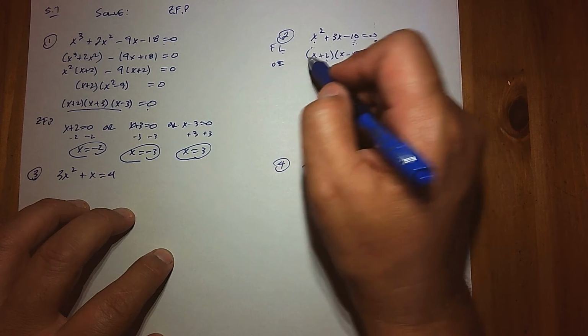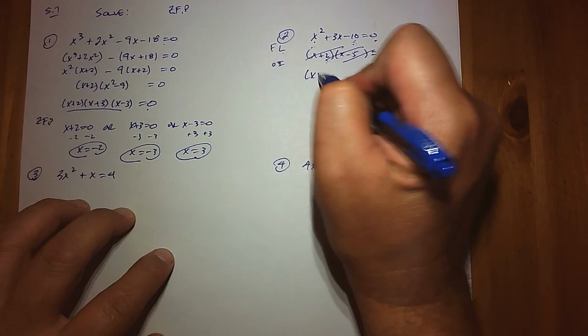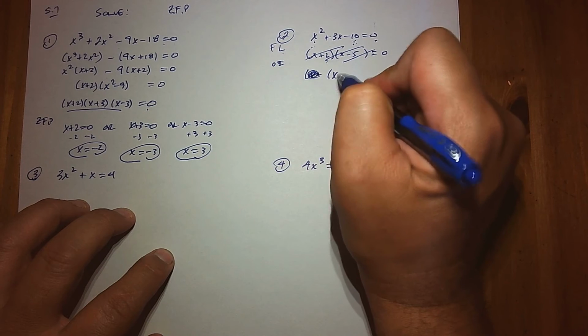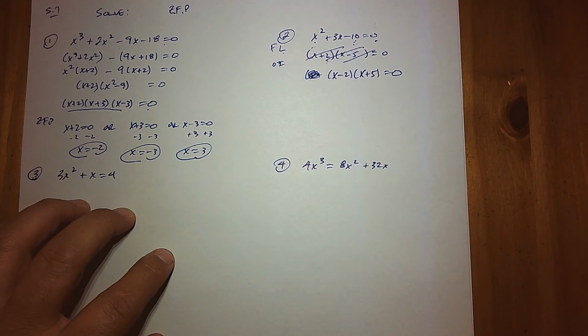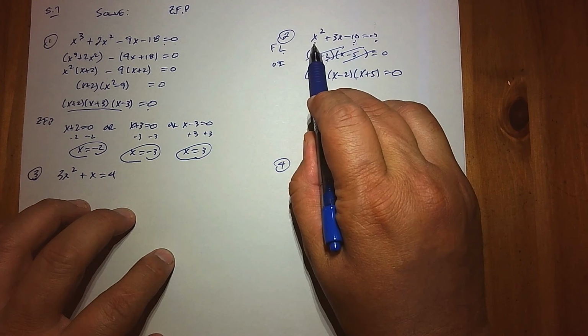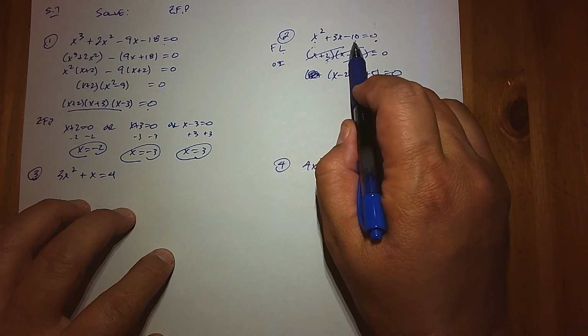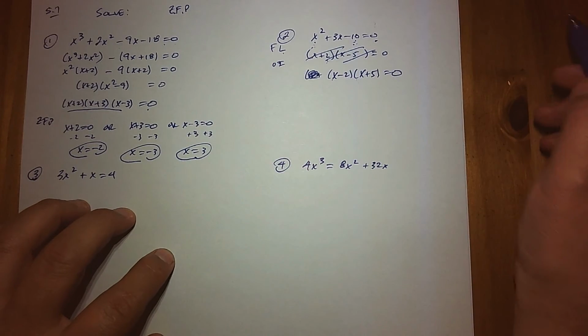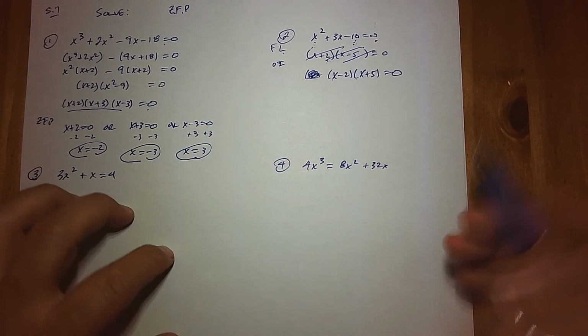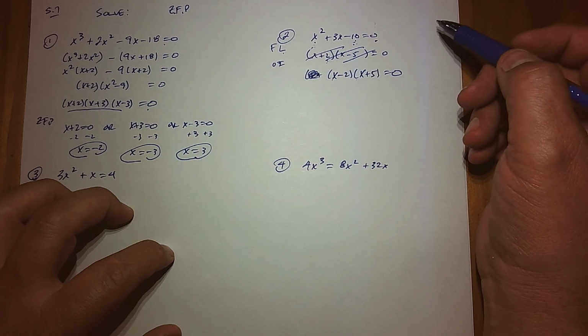So how about I scratch that out and say it's actually x minus 2 and x plus 5 that is the right one. So first times first is first, last times last is last. The outer is a 5x, the inner is a negative 2x, compared against that middle term. So I found it. Took me a couple guesses, but that's what happens when you guess and check.